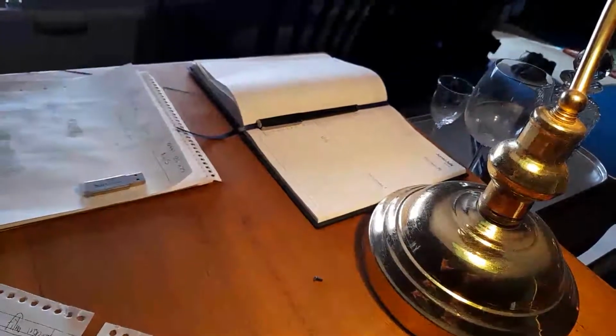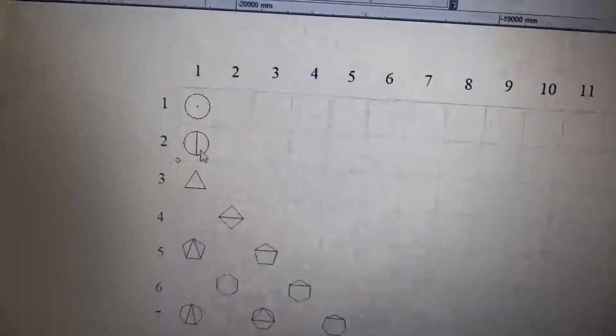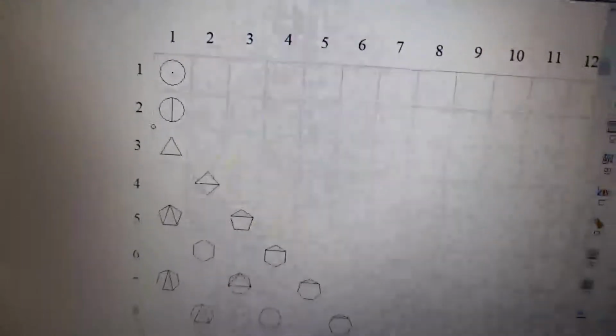There is another one on my computer, which is the truer, more accurate version, and it is polygram. When this computer loads up, this version here, which I haven't printed out, but this is it. This is the universal derivative of all, starting from 1 being the circle, 2, half, 3 being the triangle, and going up to infinity.